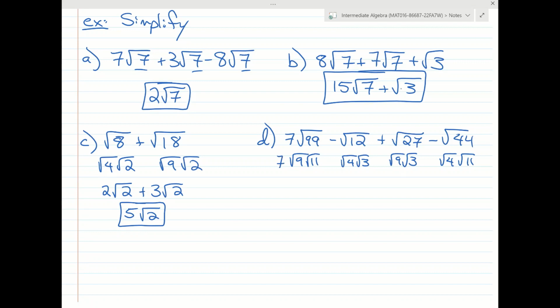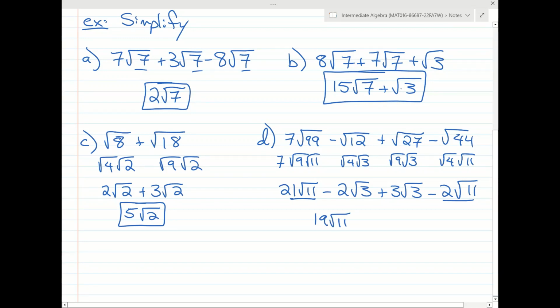So 7 times 3 is 21 root 11 minus 2 root 3 plus 3 root 3 minus 2 root 11. These have the same radicand, so we can combine those. 21 minus 2 is 19 root 11. Negative 2 plus 3 is 1 root 3.